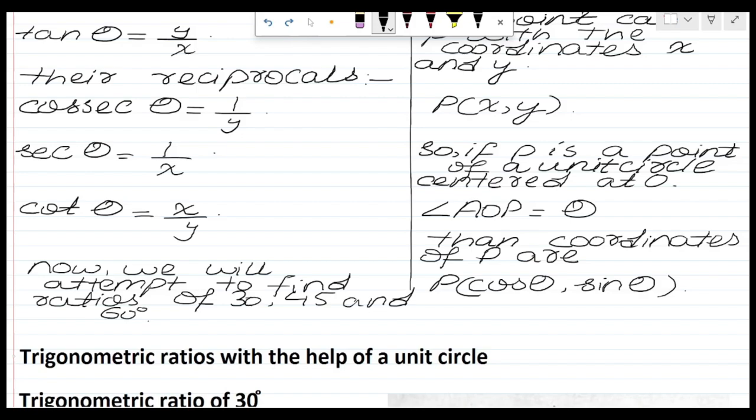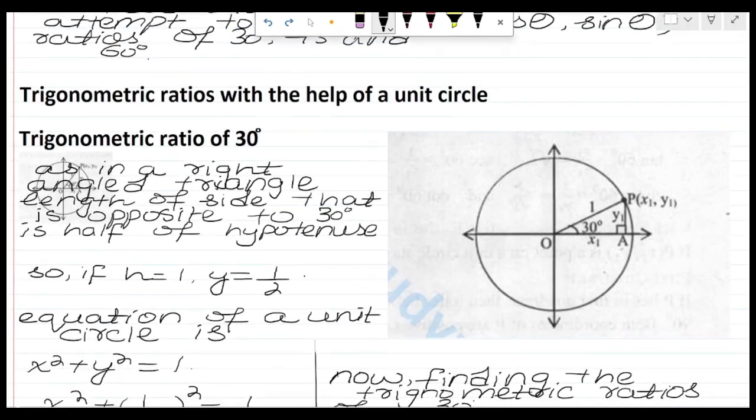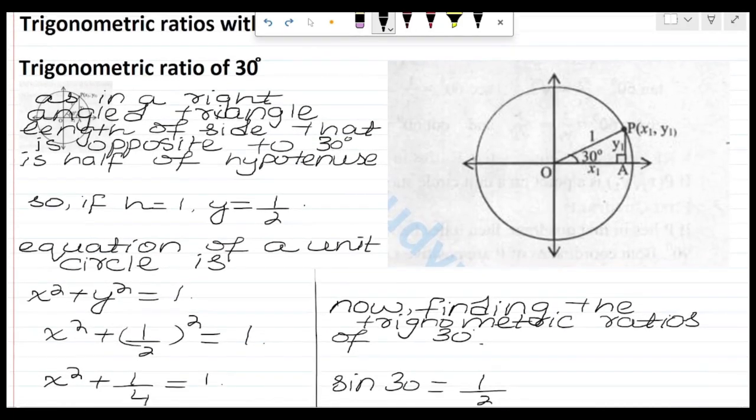Now we will attempt to find the ratios of 30 degree, 45 degree and 60 degree respectively. Trigonometric ratios of 30 degree. To find the trigonometric ratios of 30 degree, let's choose a point. We call that (x1, y1), or you can even just specify it as x and y. It doesn't matter.